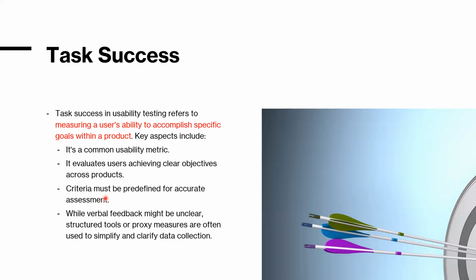And if you have predefined criteria, it will be consistent all the way through the entire usability test, because you may have multiple participants and multiple researchers, so having criteria is very good, because everyone can follow and execute using these criteria, right?